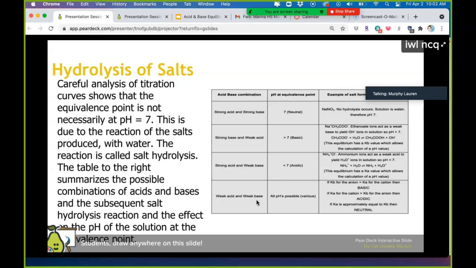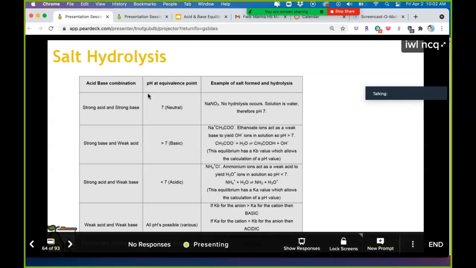And you do that by comparing their K values, whoever's bigger, but we're not going to go into that much. We're going to talk about strong, which we've already talked about, and then strong with weak. We really won't go much more into weak species, okay? So, here we go.